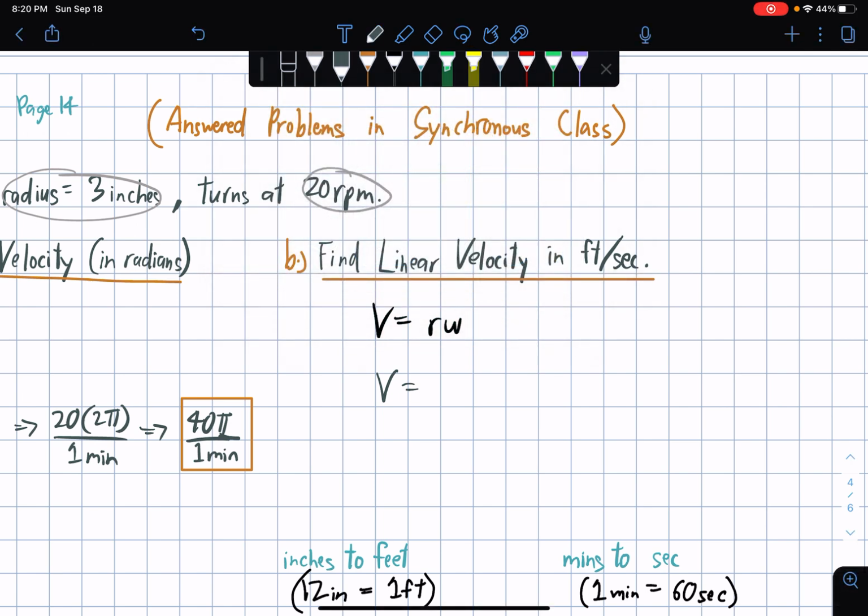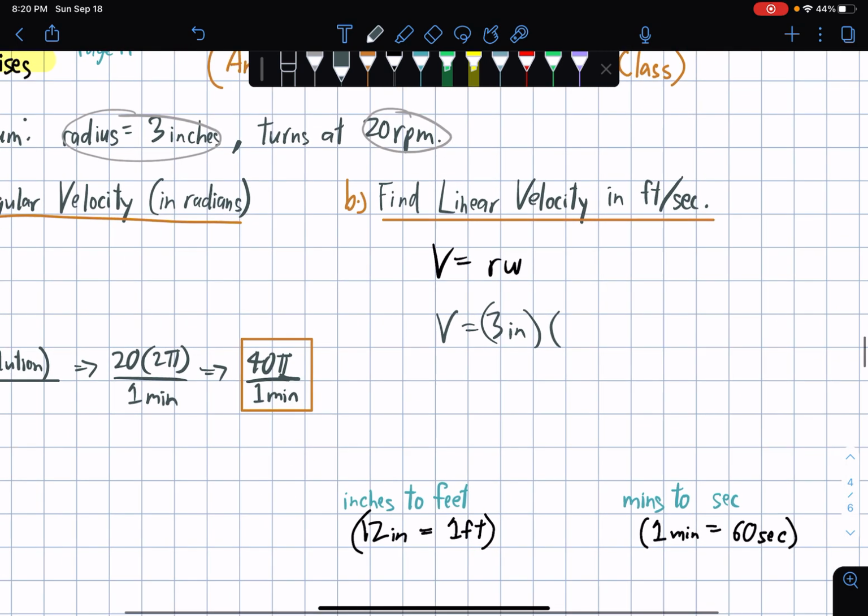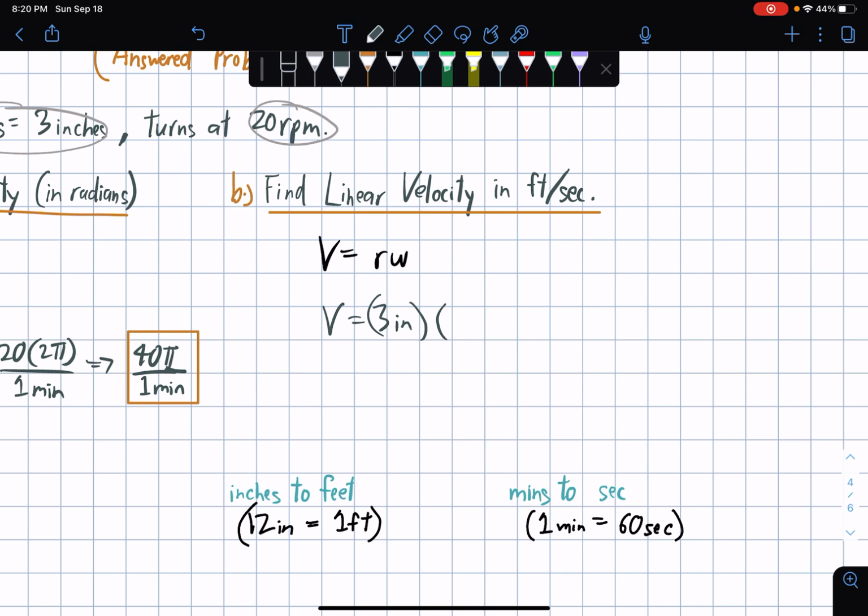Anyways, V is equal to radius. Our radius is 3 inches, so 3 inches times our W, which is the angular velocity, 40 pi over 1 minute. I'm so sorry, I forgot to put rad again. There you go.